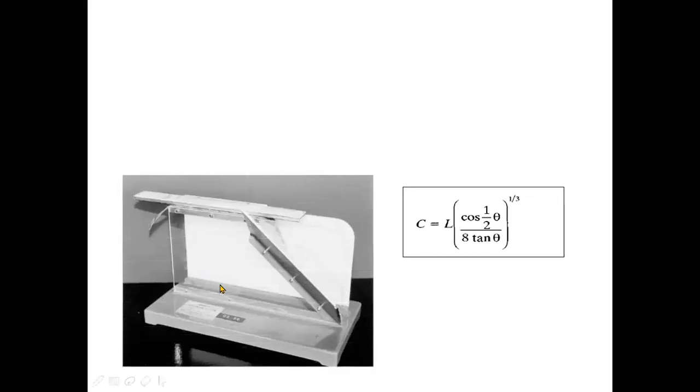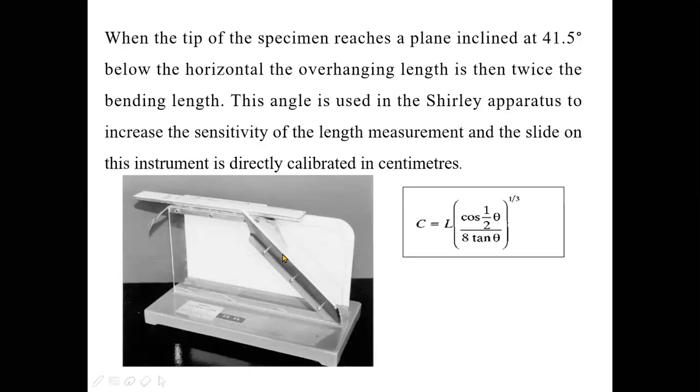So this is the Shirley stiffness tester. This is the inclined plane, right? And this makes an angle 41.5 degree. This is the ruler and this is the fabric. Now when you slide the ruler in the forward direction, the fabric will bend and it will touch. And you have to note what is the length of the fabric that is overhanging from this free end and touch this angle.